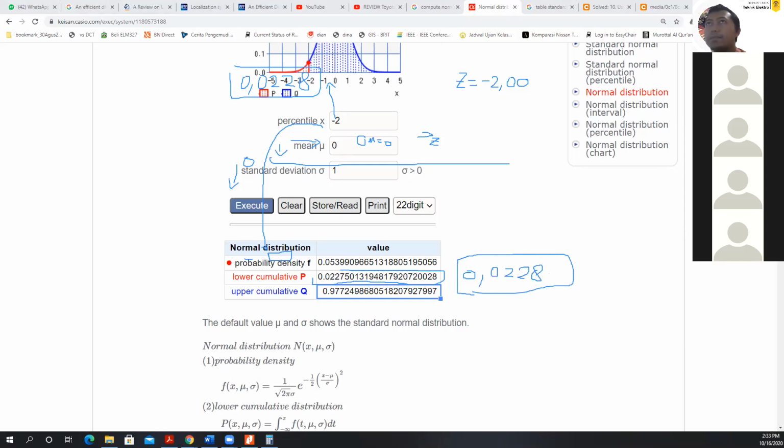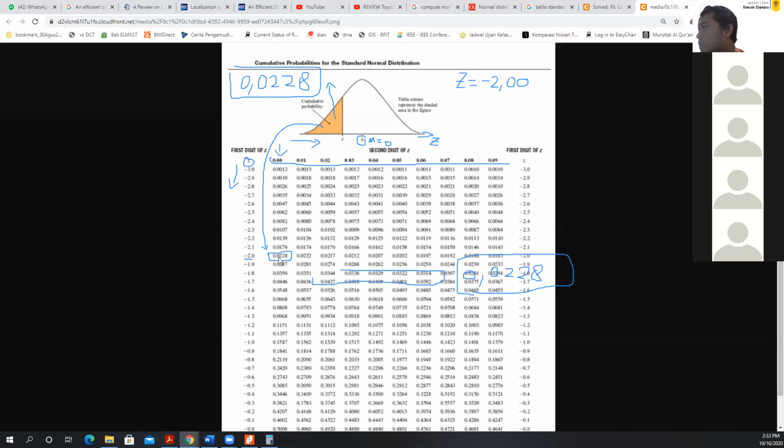It's the same as what we found from the table. Until now, we can compute using three methods: using integration, using calculation based on software or applications, and the third, based on the lookup table.